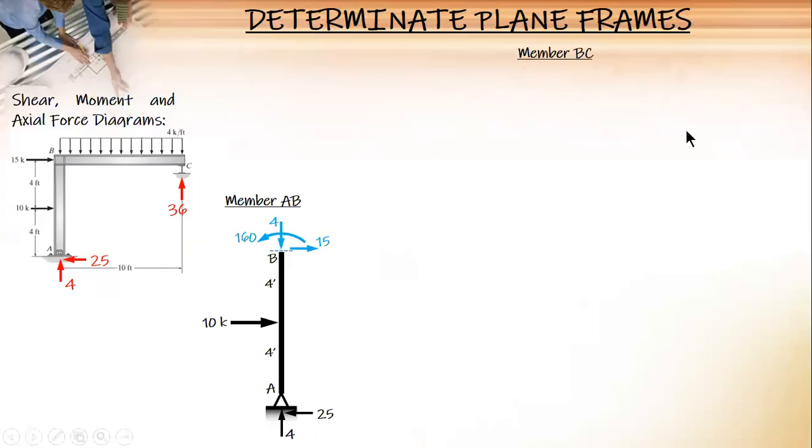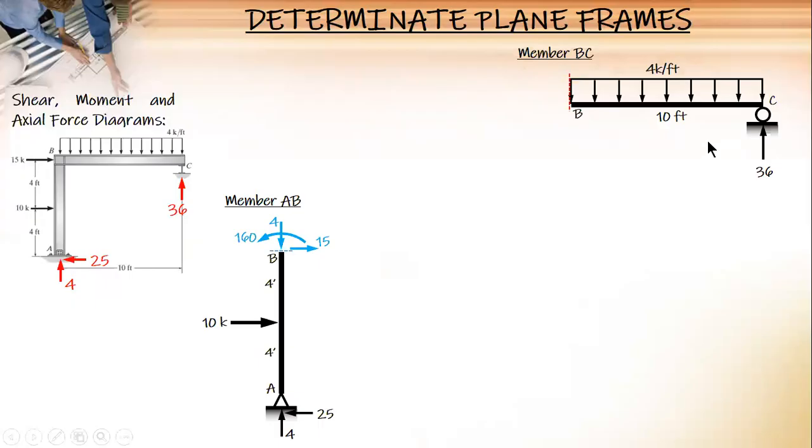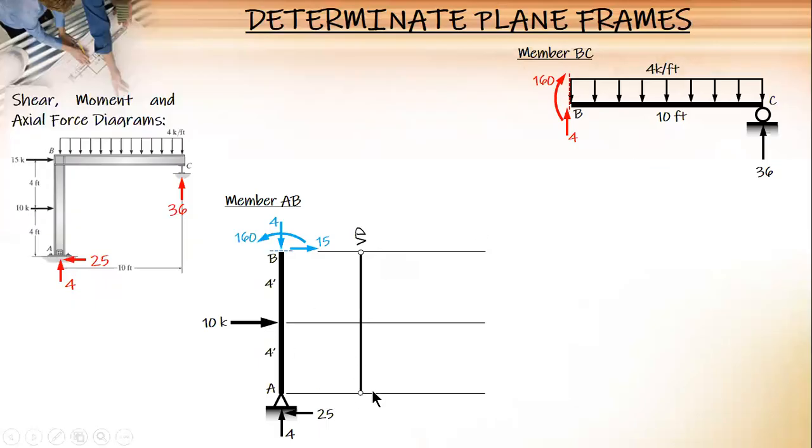And then BC, without joint B. For the shear diagram, going to the left 25, and then no load, so a straight line, and then downward, assuming to the right 10, so 15 remains, 25 minus 10, 15, no load, and 15 there.